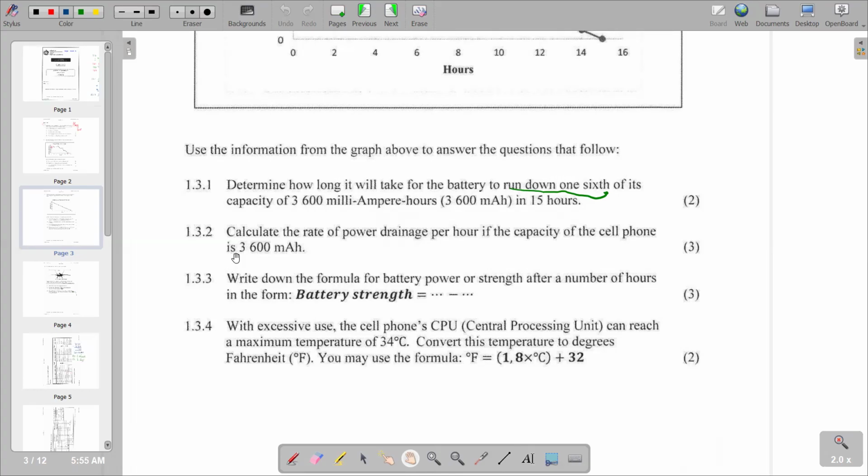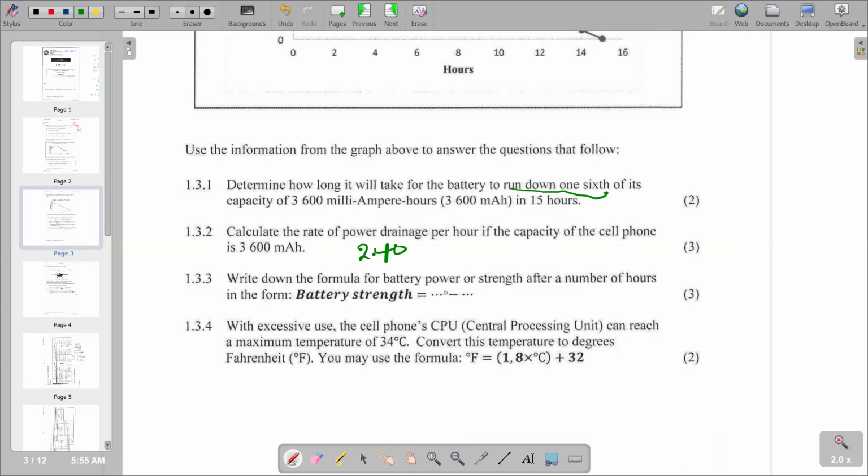But we have to know that the total, the maximum, is 3,600. Then we subtract. So we are going to have our 3,600 on this side, and then we subtract what has been used. And what has been used can only be found by saying the average per hour, which we have calculated here, and we got 240.